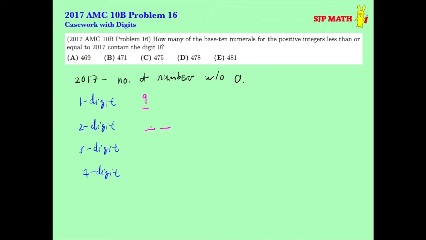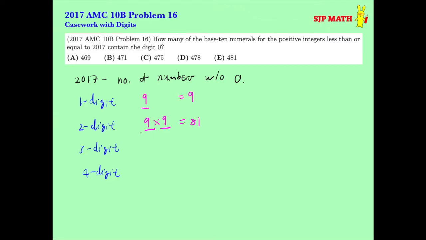The first digit can be any digit except for 0, so 9 possibilities. And for the second digit too, we can have every single digit except for 0. So 9 again. So 9 times 9 would just give us 81.